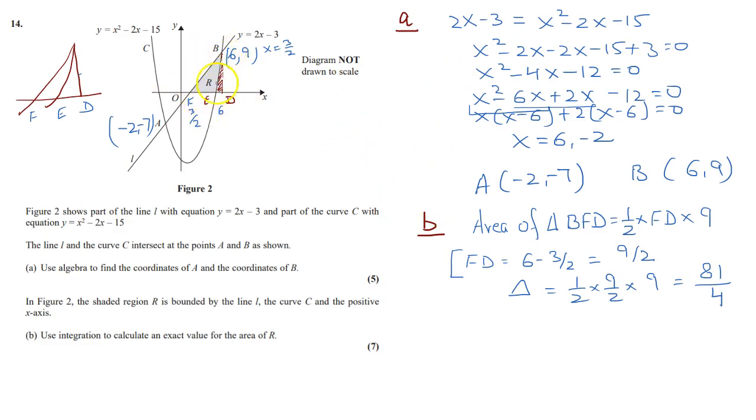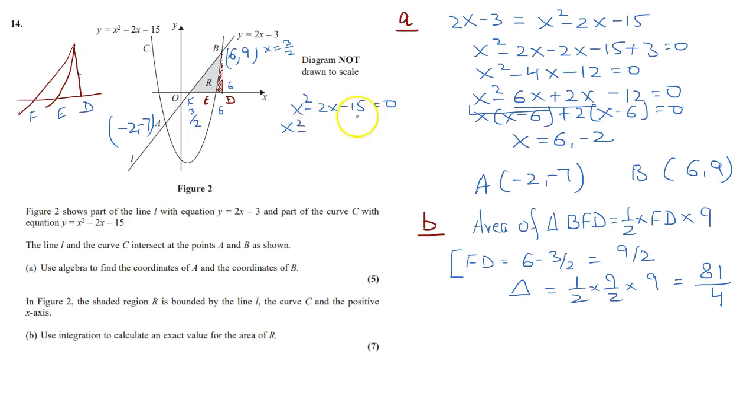Now we have to find the area under this curve. So we have to find this point also. This is 6, that is the upper limit. So what is this point? Now in this curve, y is 0 here. So y 0 means x square minus 2x minus 15 is 0.